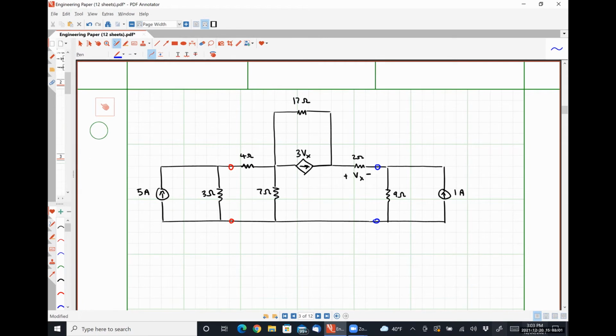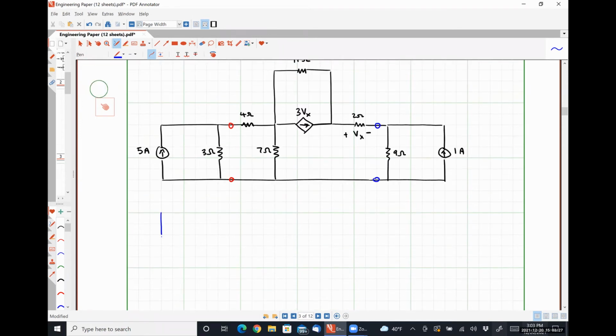So let's look at that practical current source on the left. We have a 5 amp source in parallel with a 3 ohm resistor. So what is that going to transform into, Abigail? What does my practical current source transform into?